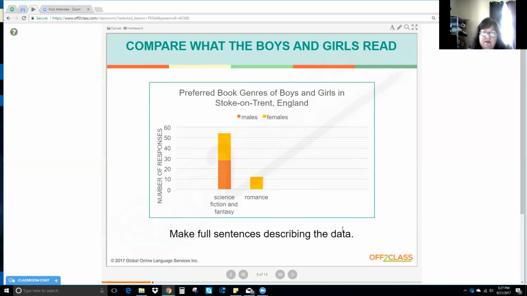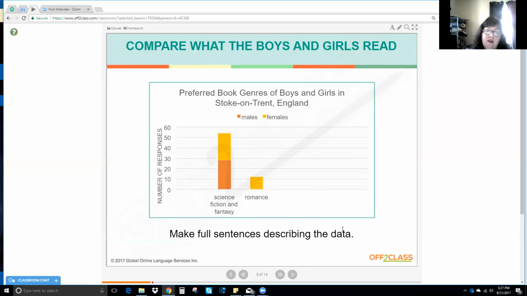Some like science fiction and fantasy, and some like romance. We're actually looking at the number of responses for both categories, science fiction and fantasy and romance.